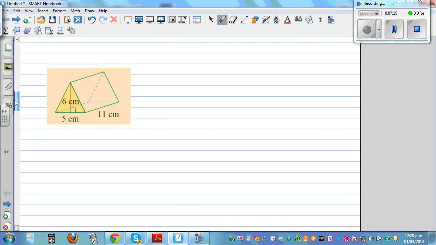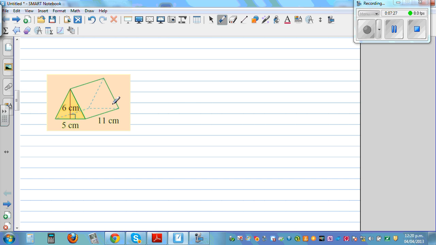Okay. Here we have to find the volume of this prism. Here the base is this triangle. It's already shaded, so I don't need to shade it. So this is your triangle base, and this is your height.